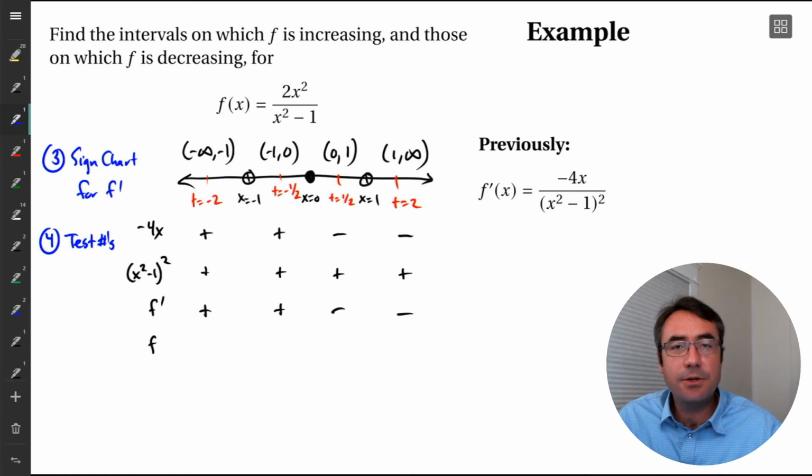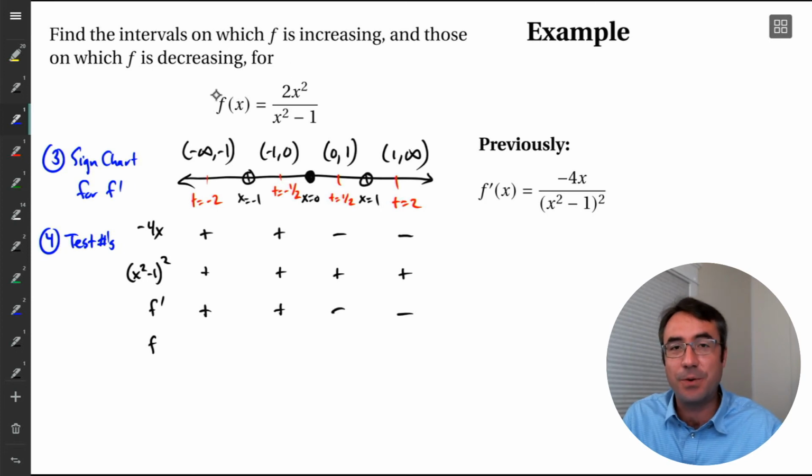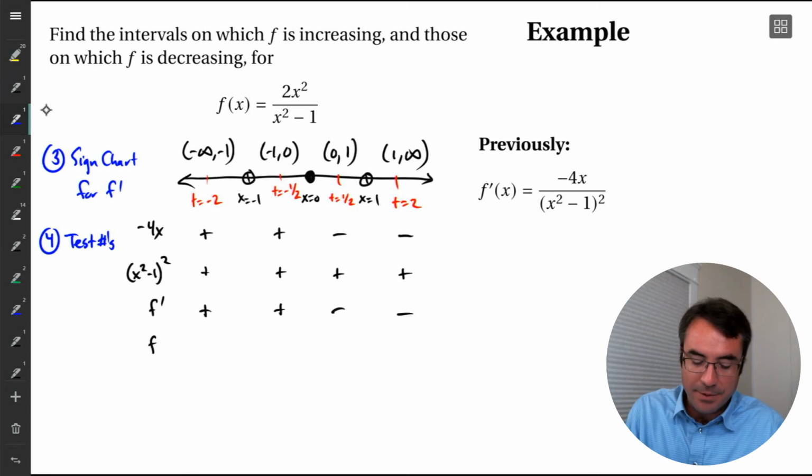Now, the last thing we need to do is just figure out what f is doing. So all of this discussion has been about f prime, but we're actually interested in function f. We want to know what function f is doing. Is it increasing or decreasing? And so when f prime is positive, that means f is increasing.